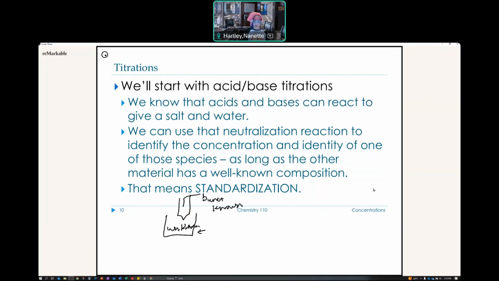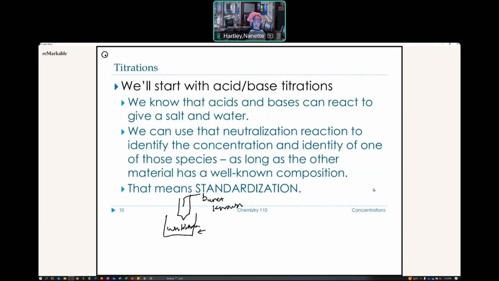So how much of it it takes to react will tell me what the concentration is. It can also tell me whether it's a single proton or multiple protons, or single base or multiple bases, depending on whether we're titrating in an acid or a base. Okay, I can figure those things out.